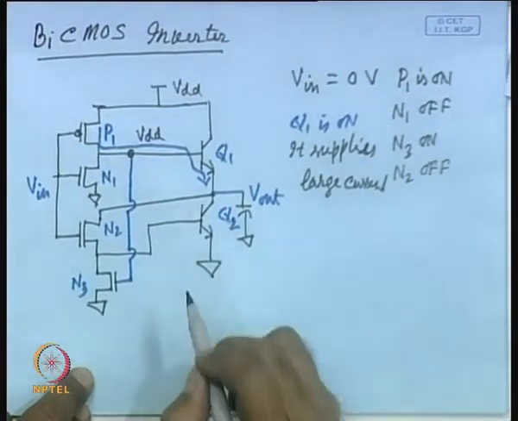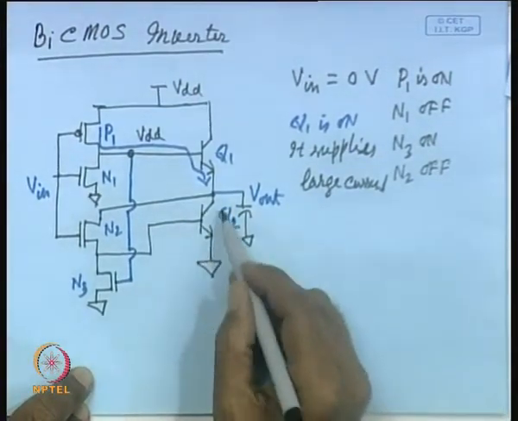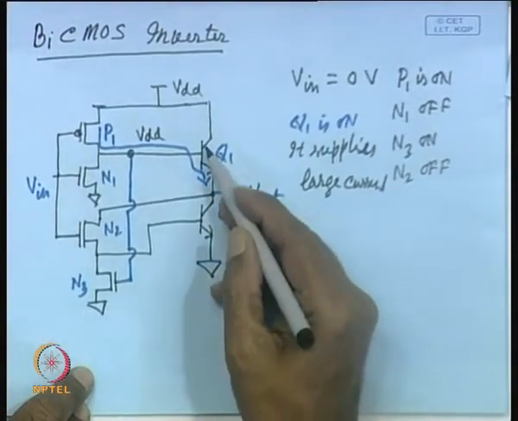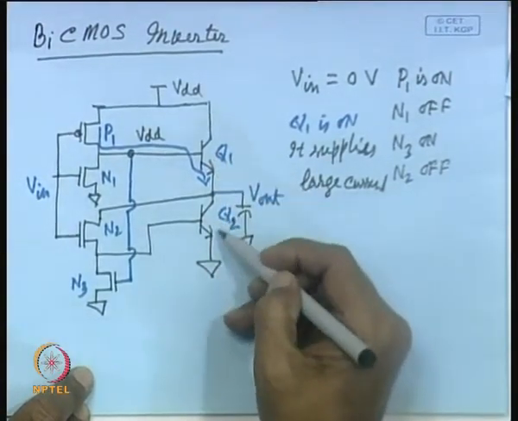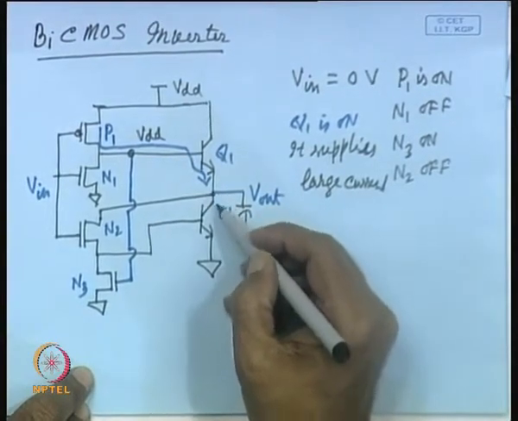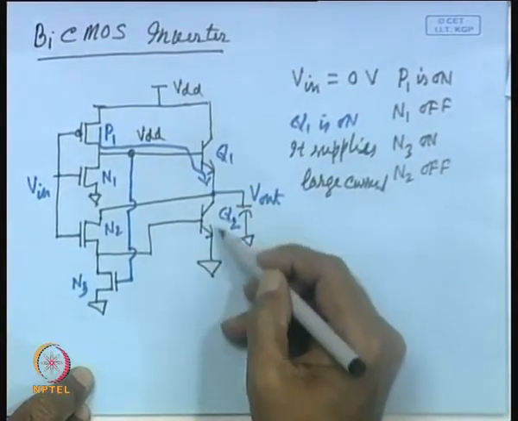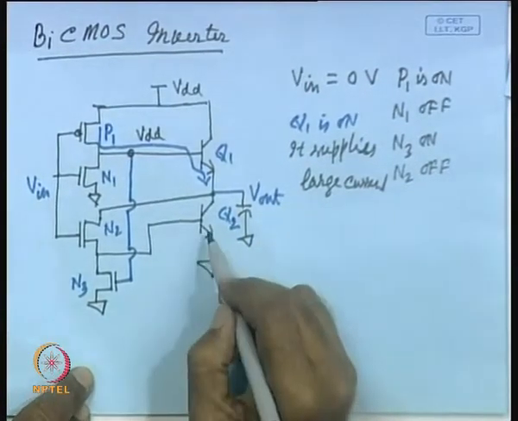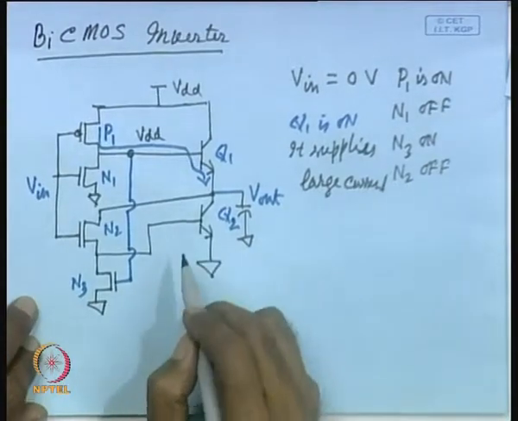Now, let us see whether this transistor is off whenever this is on or not. Otherwise, this transistor has to fight with this transistor when driving this, because some of the current that it will supply will be bypassed by this transistor. So, whether this is prevented or not, let us see. What happens in this particular case?